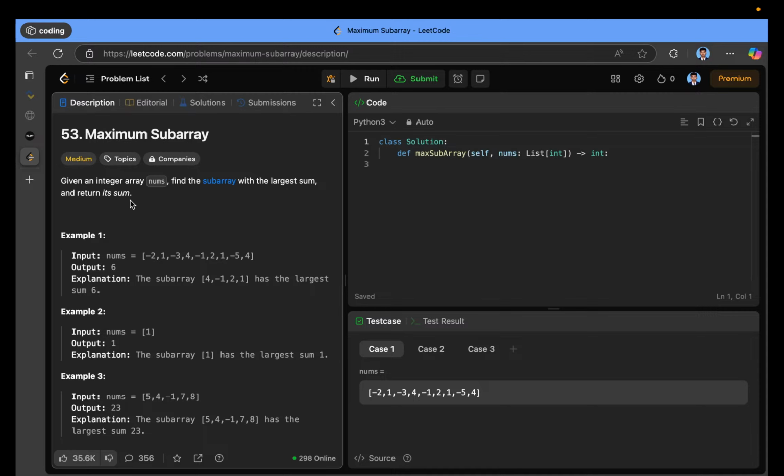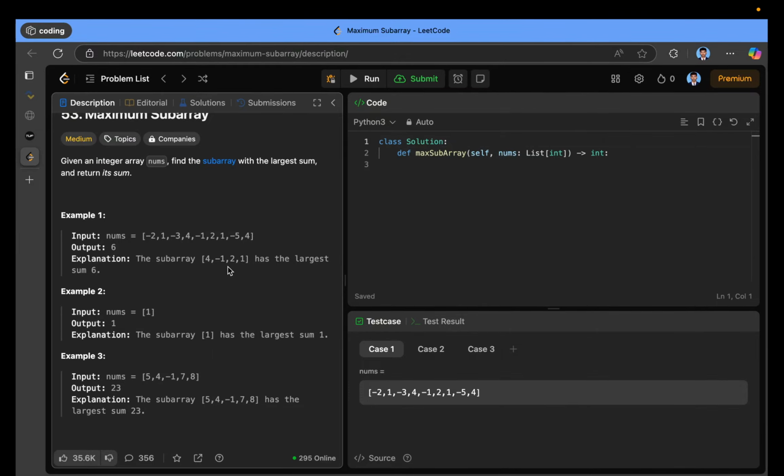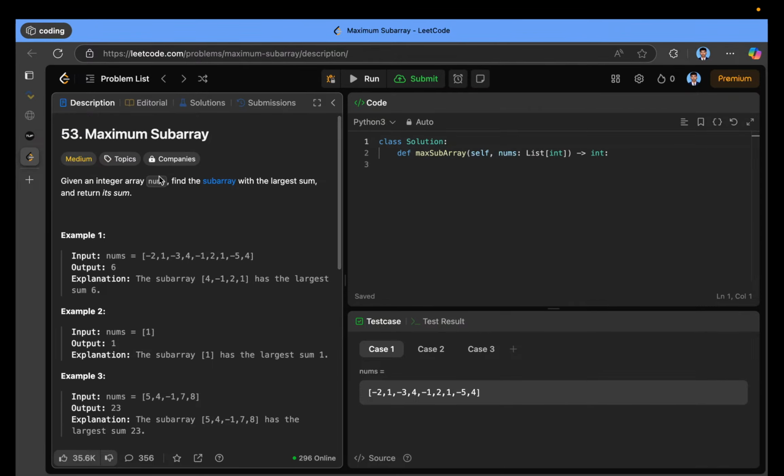A subarray is a contiguous non-empty sequence of elements within an array. Okay, like 4, -1, 2, 1. It's like a small one. The subarray has the largest sum, 6. So now I have to find the subarray with the largest sum.